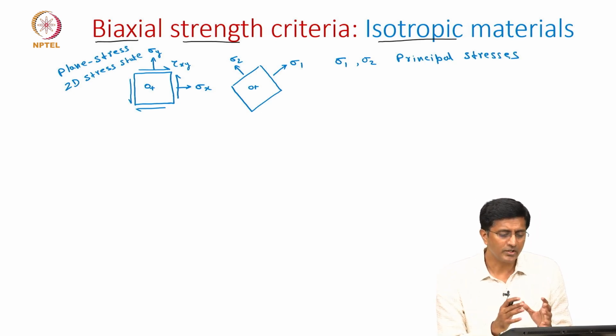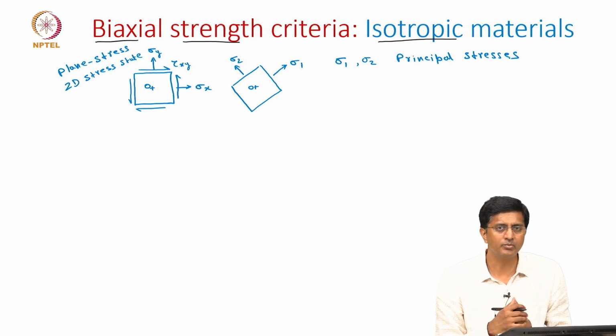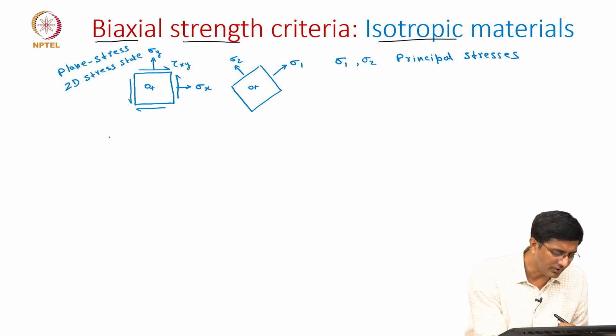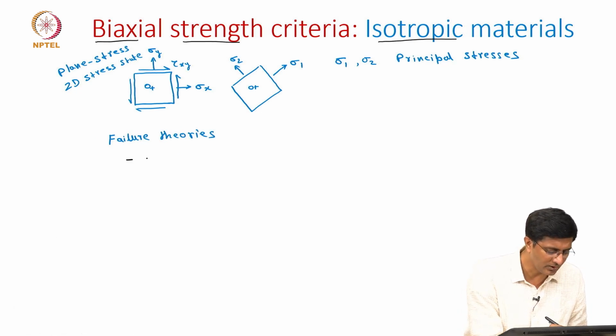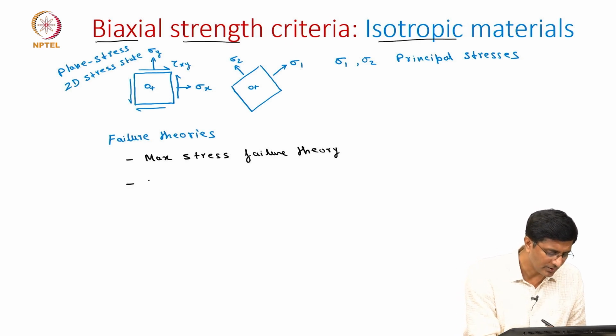The reason why we are looking at these principal stresses is that for isotropic materials we usually define failure based on the principal stresses. So let's see how we define it. There we use the failure theories. You might know some of the commonly used failure theories like the maximum stress failure theory. And then, of course, there is the maximum strain failure theory, but we are also interested in the maximum shear stress theory.